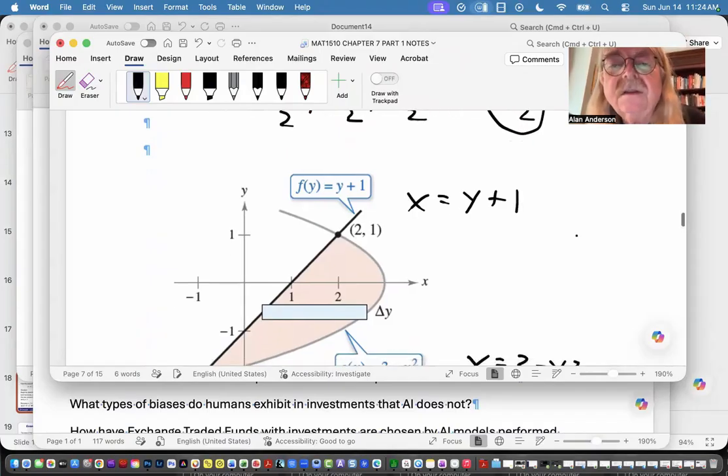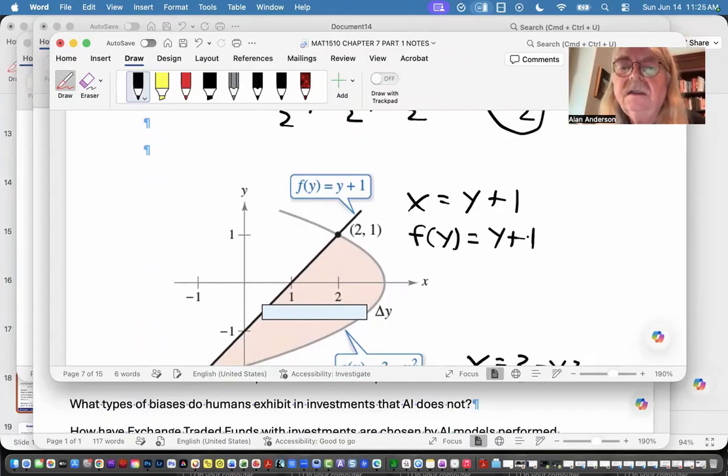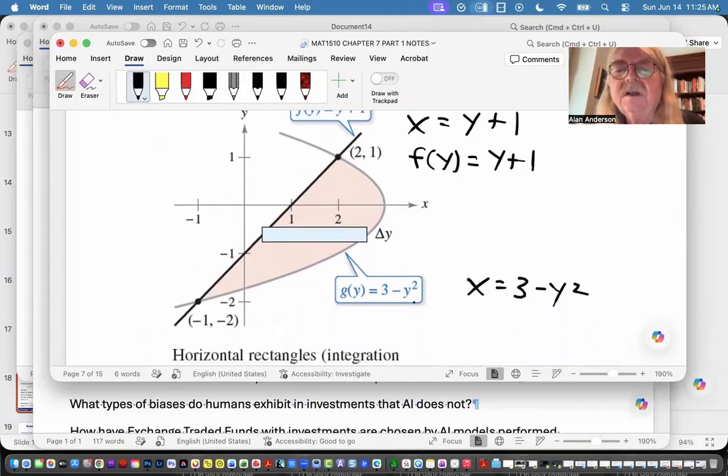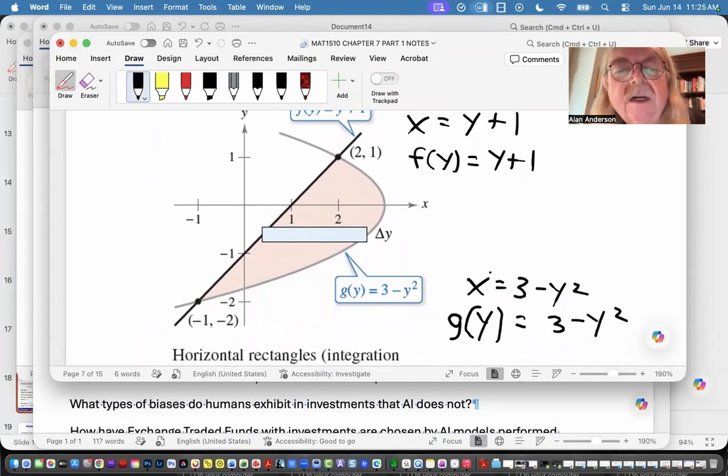So if you notice, what they're doing is they're calling x f of y. And then this one becomes g of y. Now that's interesting.